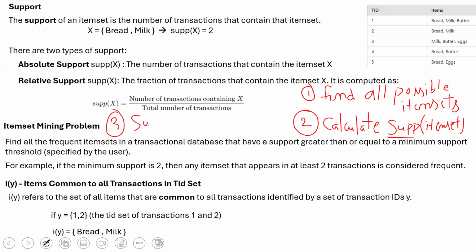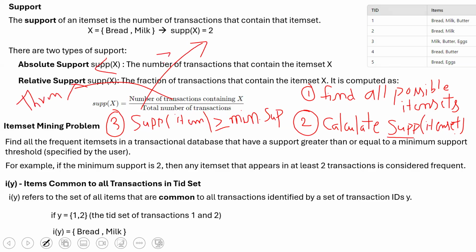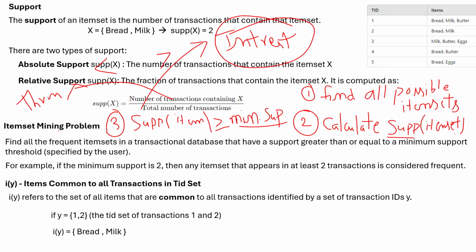If the support of that itemset is greater than or equal to the minimum support, in short min sup, pick that itemset. If it is less, throw it away. This itemset is your interest, so that you can use it to recommend products to customers. That is what the itemset mining problem is.